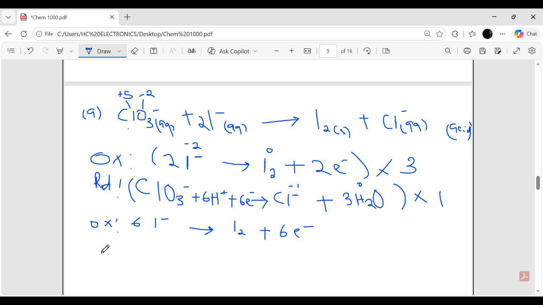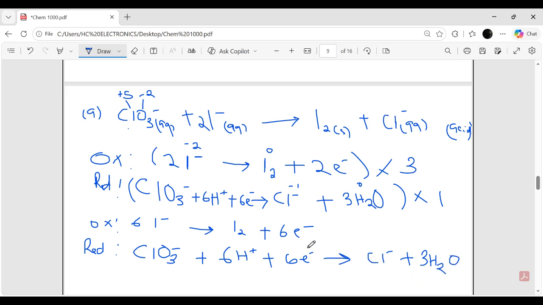Then on the reduction, you're going to have chlorate plus 6 H plus, plus the 6 electrons, and it will give you chloride plus 3H2O.